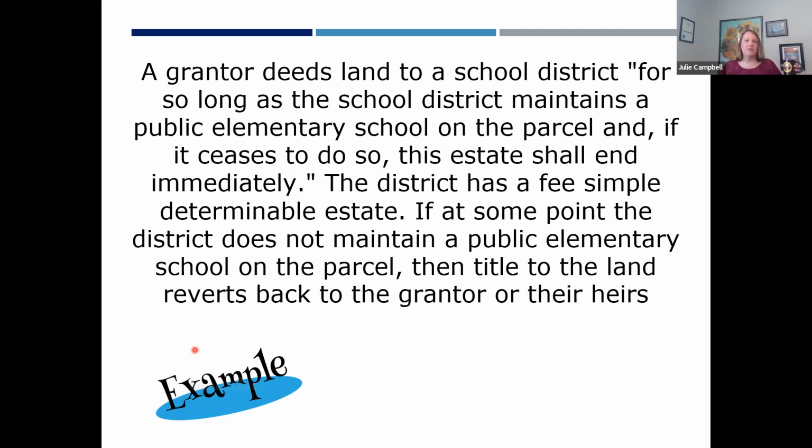What's the one thing you can use this property for? Public elementary school. What happens if you stop using it for public elementary school? The estate ends and it goes back to the grantor. This is very similar to the verbiage you're going to see in the deed. They don't leave room for unclarity, do they? It's pretty dang clear what's going to happen. The district now has a fee simple determinable estate.